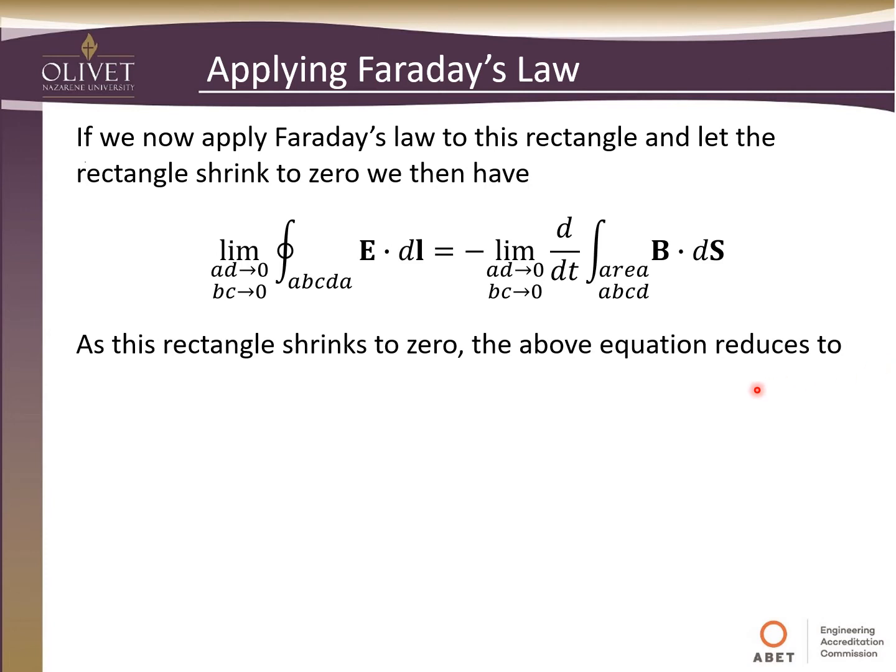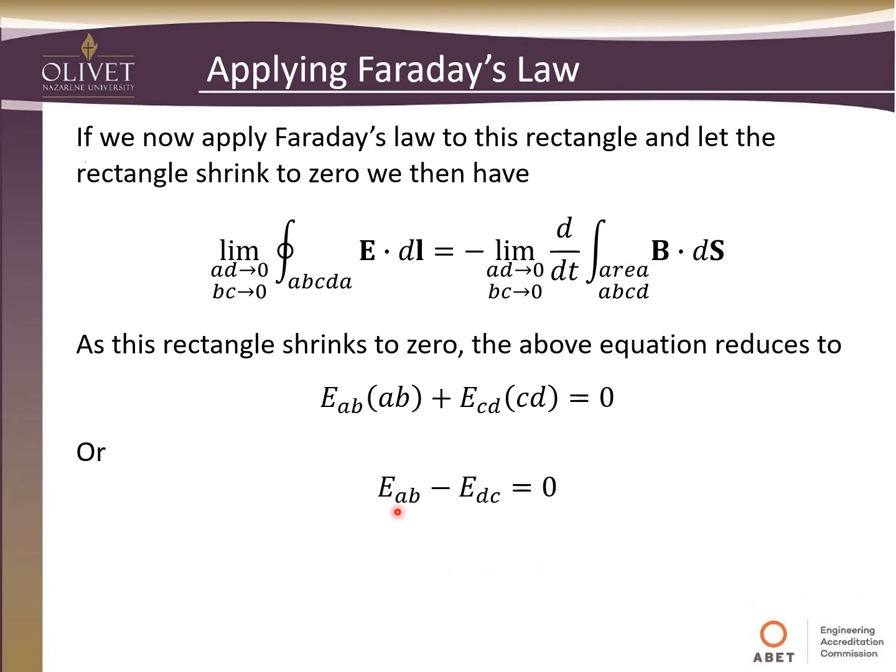As this rectangle shrinks to 0, the above equation will reduce to this equation here. All it will have left is the electric field across AB in one medium, and the electric field going across CD in the other medium. And over here, since this area is going to zero, that flux density will go to zero.